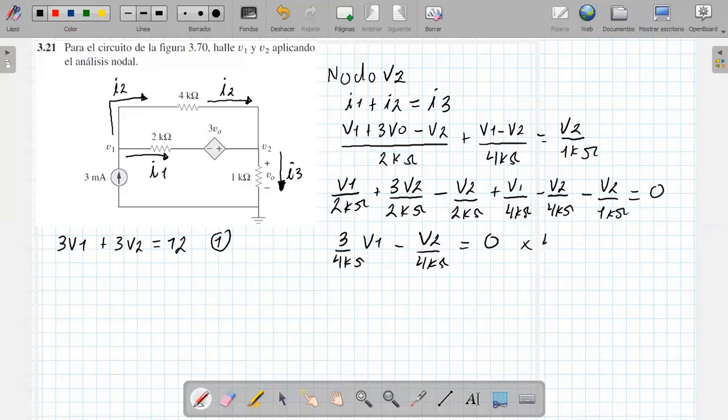I multiply by 4 kiloohms both sides, and I will end up with 3 V1 minus V2 equal to 0. This is my equation 2, and these are my 2 equations with 2 unknowns. The solution method can be whatever you want. They can even use the calculator for these types of equations.